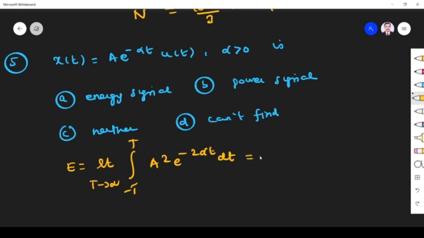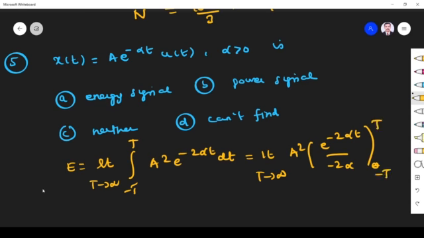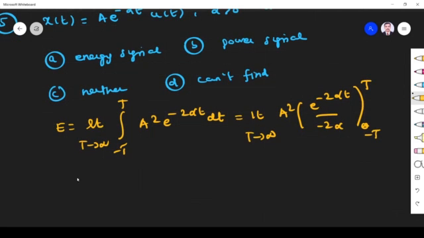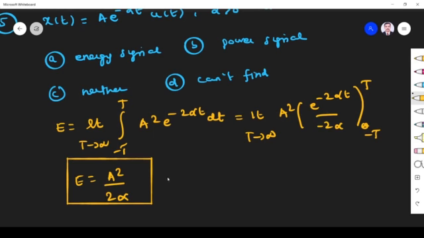So what will happen? Limit T tends to infinity, a squared is constant, e power minus 2 alpha t divided by minus 2 alpha, integral varies from minus T to plus T, right? So if you simplify it, what you are getting is E is equal to a squared by 2 alpha. So energy is finite.